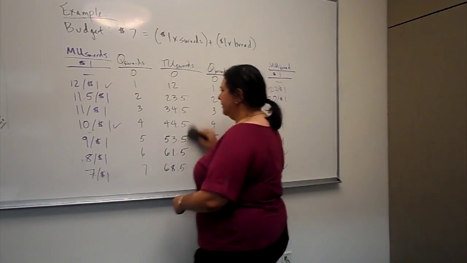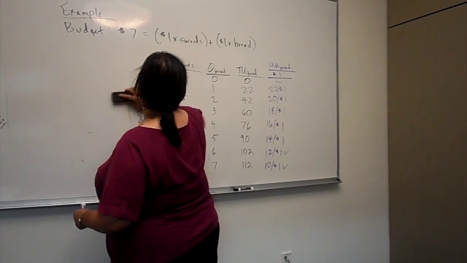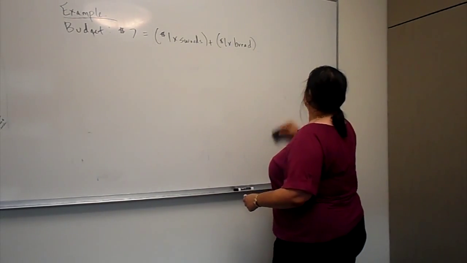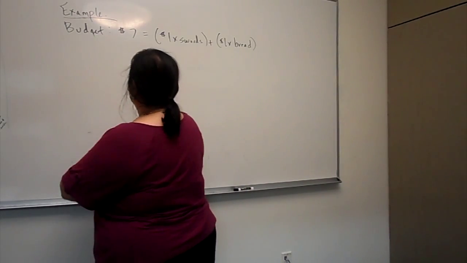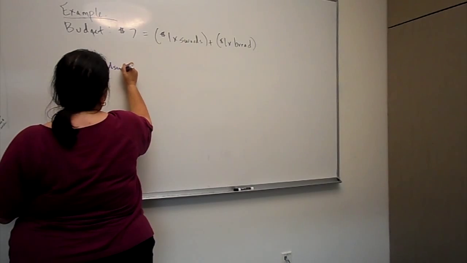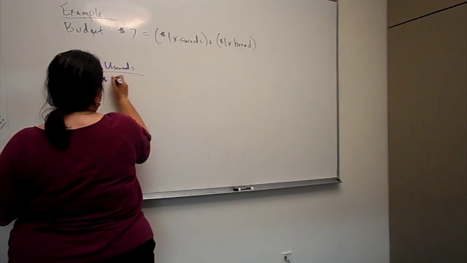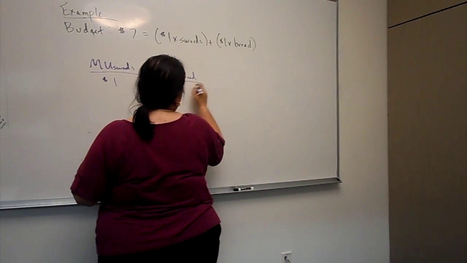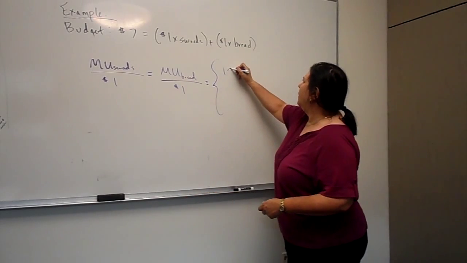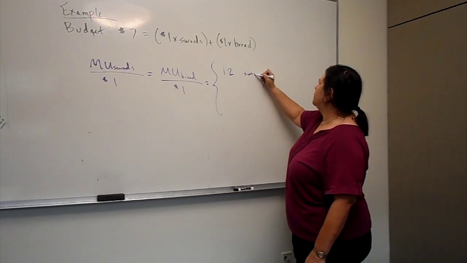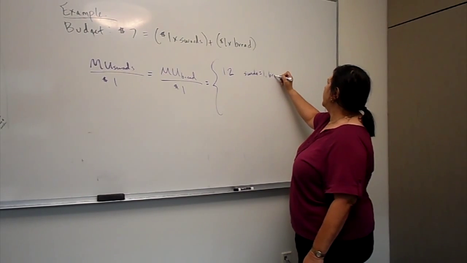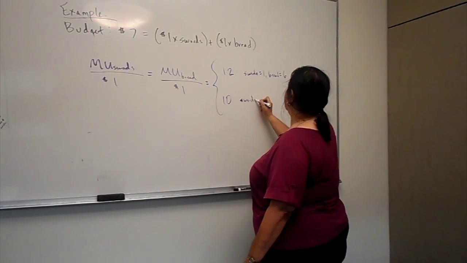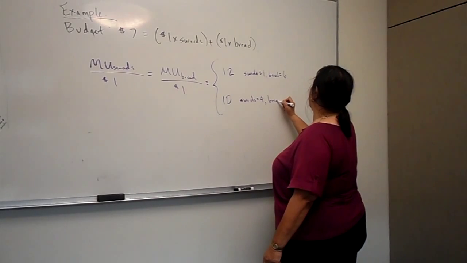So what we get is that the marginal utility of swords divided by 1 equals the marginal utility of bread divided by 1, equals 12 at swords is 1, bread is 6, and 10 at swords is 4 and bread is 7.